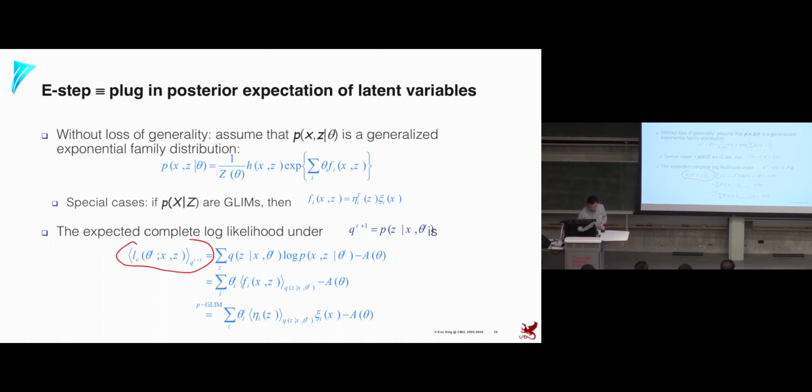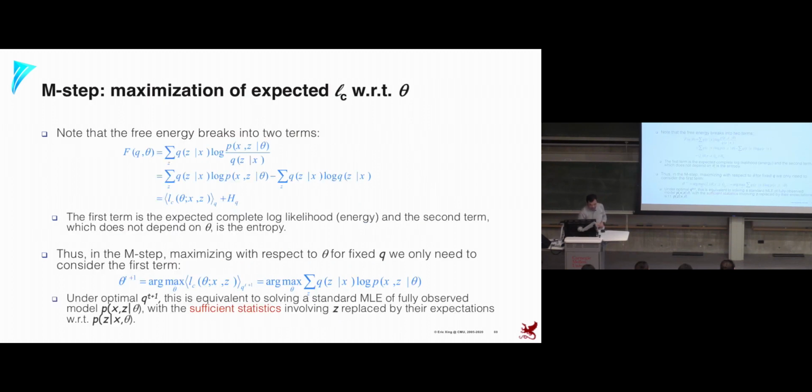And in the M step, because you no longer have uncertainty on Z, you are going to do the standard parameter estimation under fully observed cases. And then you will be using all the tricks, such as sufficient statistics, such as the gradient and other techniques that I mentioned in GLIM models and in exponential family models.